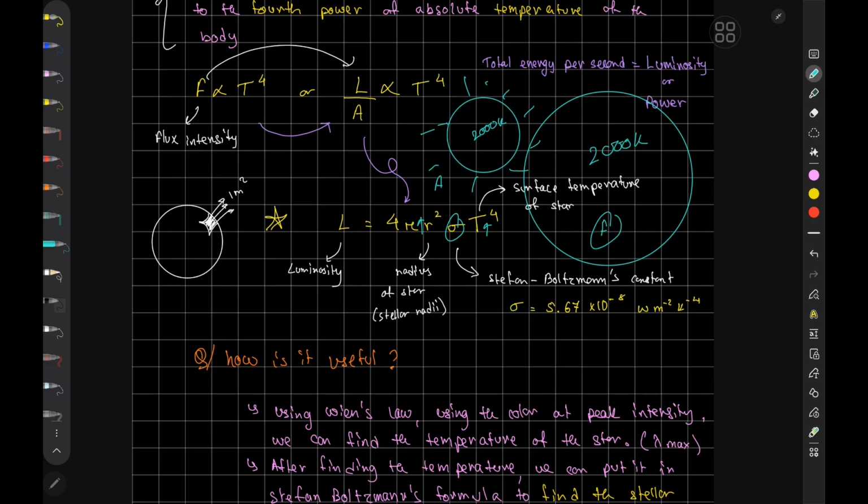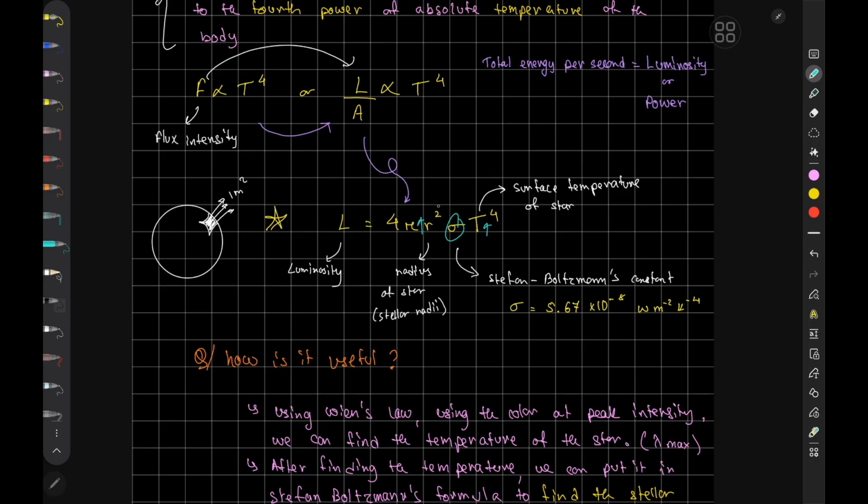But luminosity obviously increases because with the exact same temperature, you have a bigger body. So the total amount of power being emitted is much higher, right? Because the same temperature with a bigger area, obviously more energy in totality is being released.